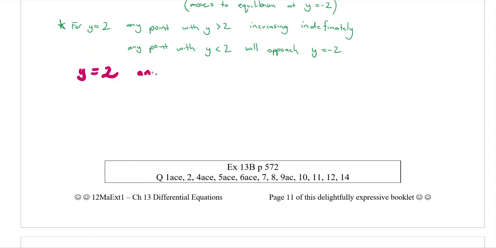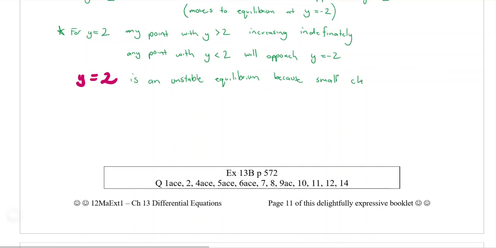Sorry, let me write the unstable equilibrium part first. Is an unstable equilibrium because any small changes will see drastic consequences. So moving away drastically.